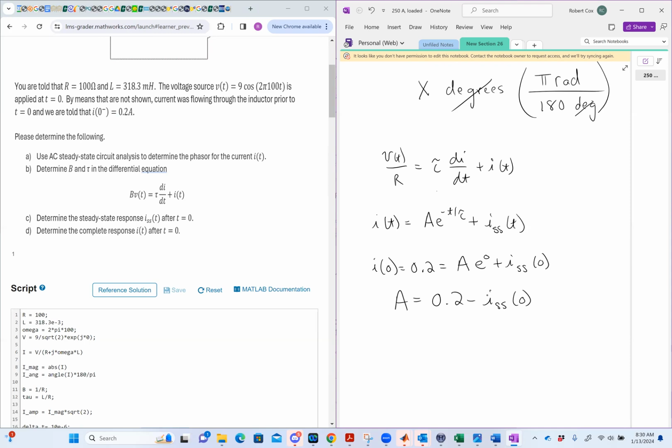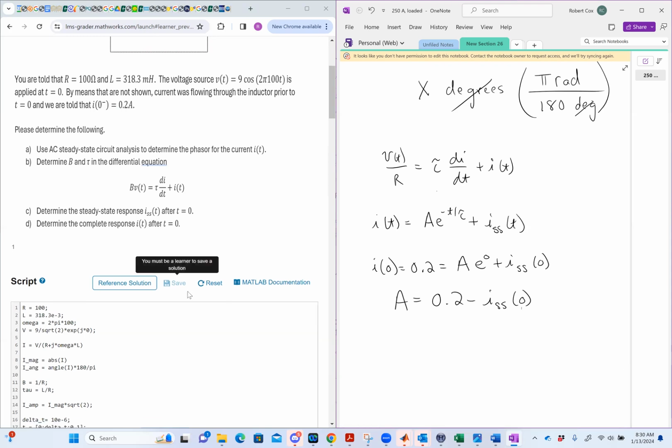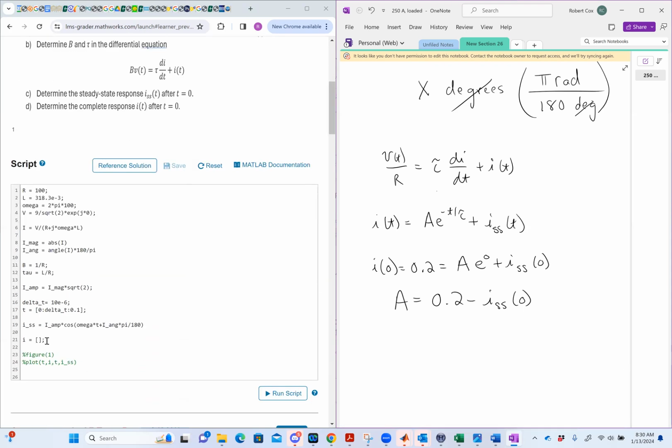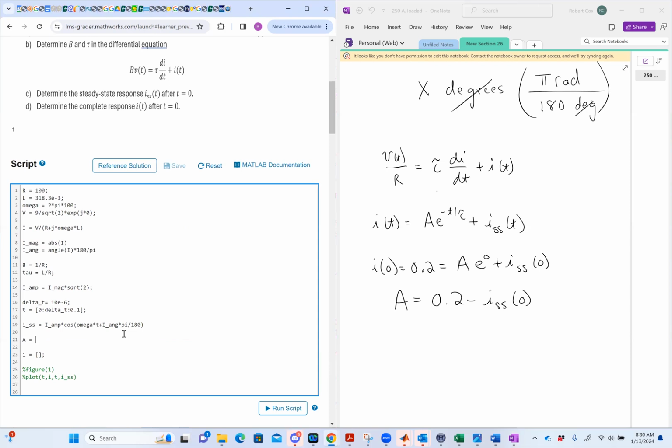So here is how I would do that. I would create a new variable, A, and I would say A is 0.2 minus ISS of 0.